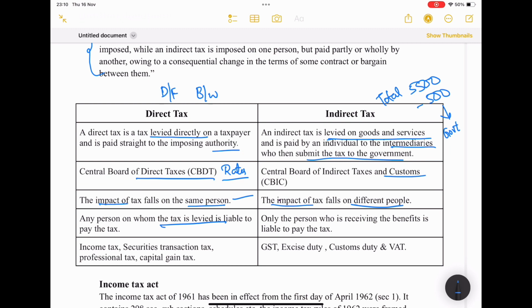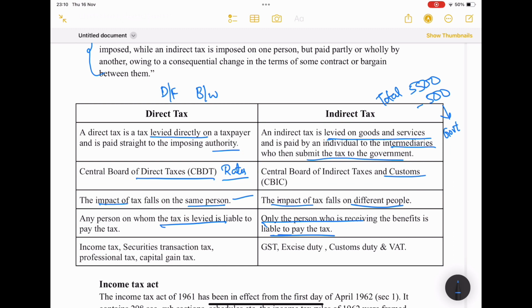Here, see next point, only the person who is receiving the benefits is liable to pay, which means the person who is consuming the product, the person who is enjoying the benefits of certain transactions, is going to pay the taxes.